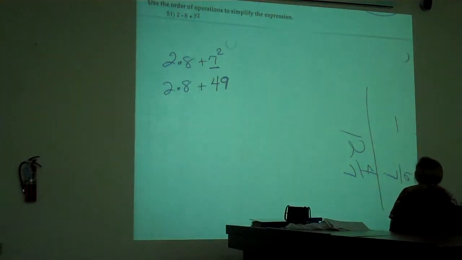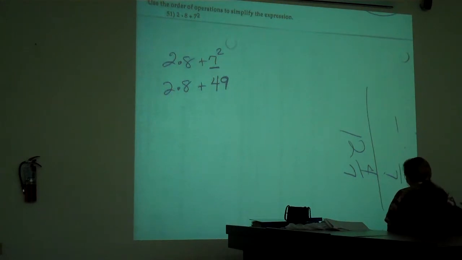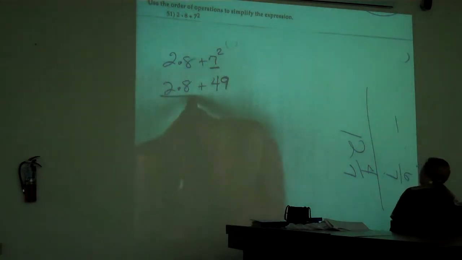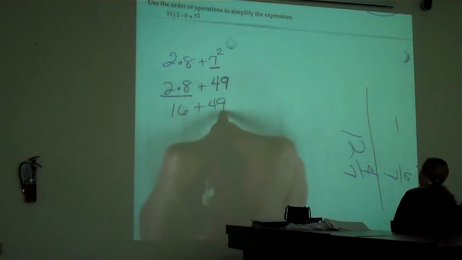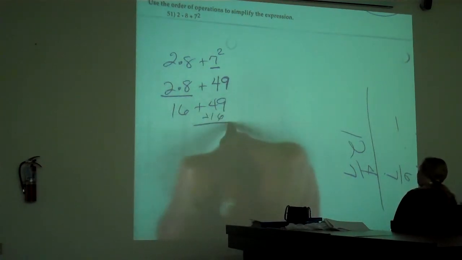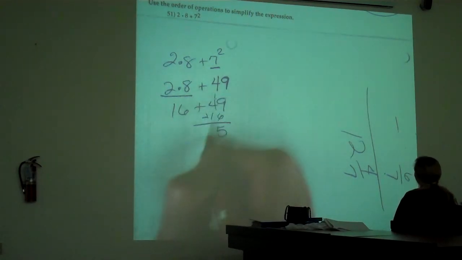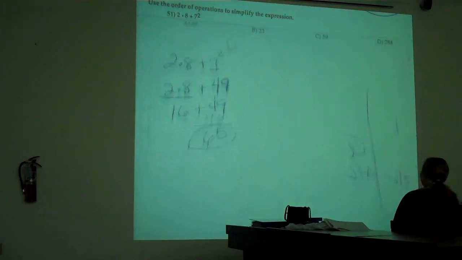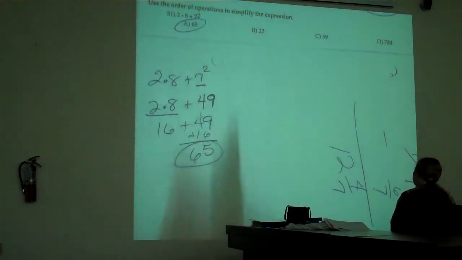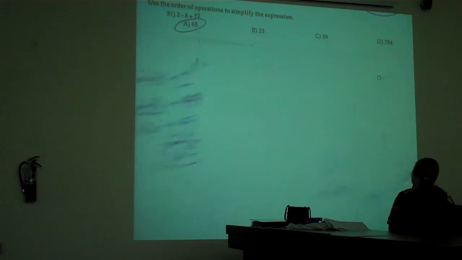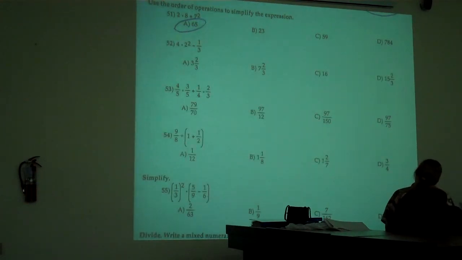Okay, now we've done exponents. Now we're going to do multiply and divide in order. So that's going to be 16 plus 49, and that's going to be 65. That was the easiest one. You didn't want to hear that.